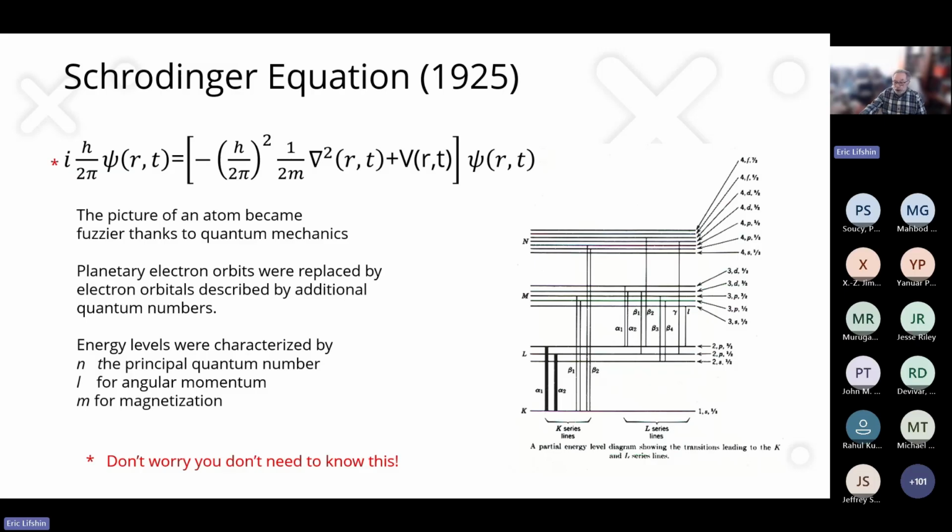So the numbers that we see over here, n is the principal quantum number, 1, 2, 3, and so on. And so we see this fine structure. And then the second letter, S or P or D or F, refers to the angular momentum, and other numbers start referring to the spin.